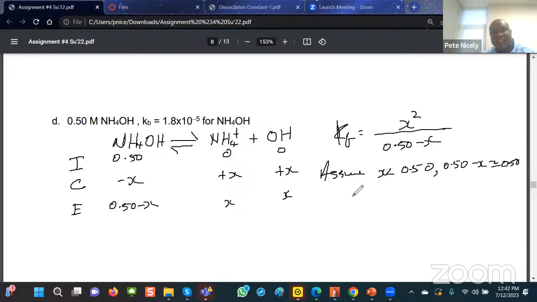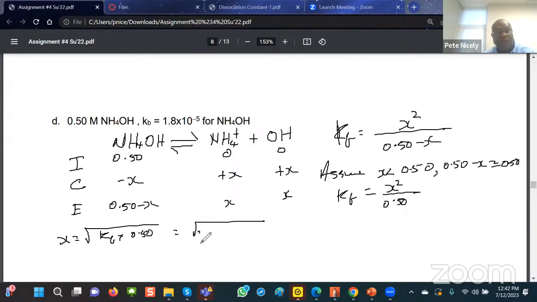So Kb is equal to x squared over 0.50, which means x will be equal to the square root of Kb times 0.50, which will be equal to the square root of 1.8 times 10 to the minus 5 times 0.50.